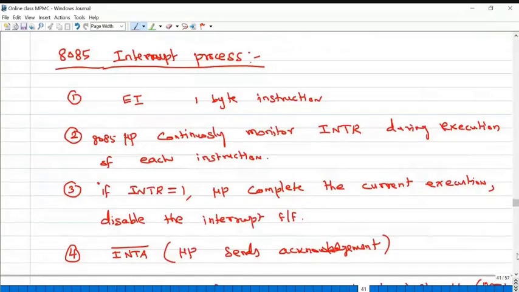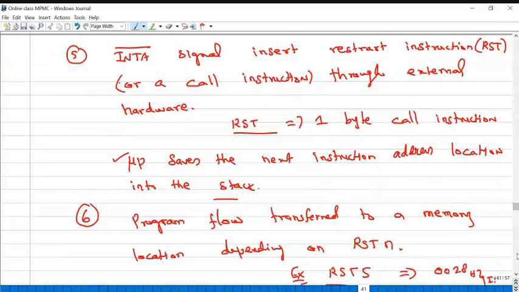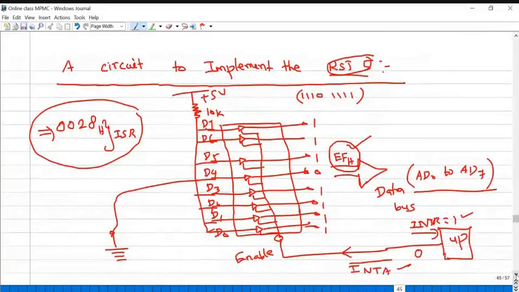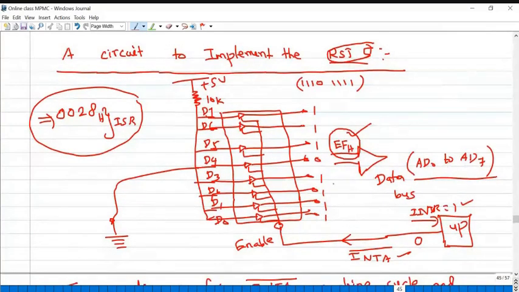Based on the questions, they have to answer, because interrupt is a very big topic. How the processor handles the interrupts, and how RST 5 interrupt, the hex code for RST 5, is inserted in the data bus of the microprocessor with the help of the tri-state buffer circuit and INTA acknowledgement circuit.